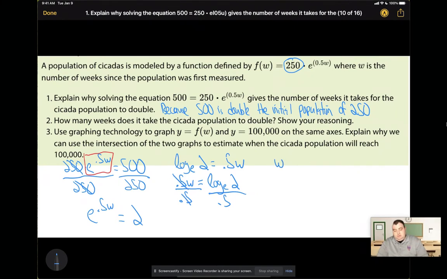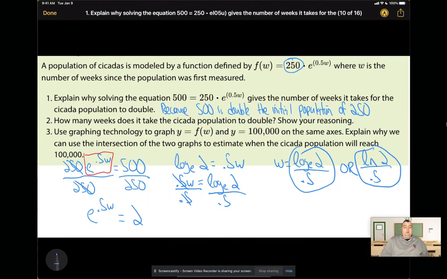So w equals log base e of 2 divided by 0.5. Okay, so that's one way we could write the solution. Or remember, when it's log base e, we could write it as natural log. Natural log precisely means log base e. So I could write it as ln of 2 divided by 0.5. Either one works. So that's number 2.